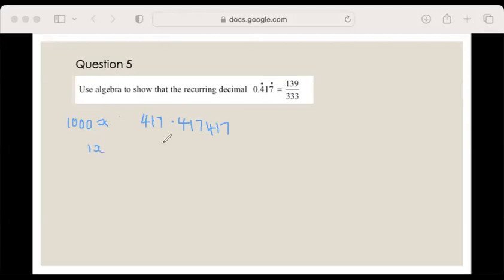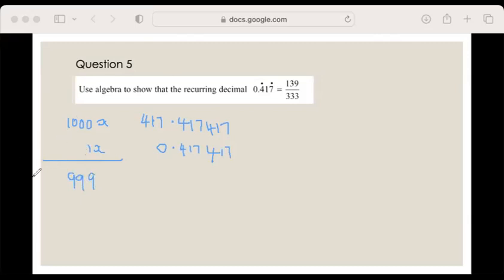And 1x is equal to 0.417417, etc. So 1000x minus 1x is 999x.